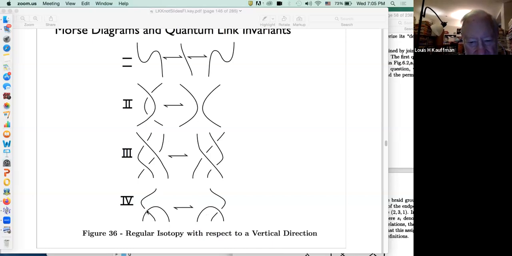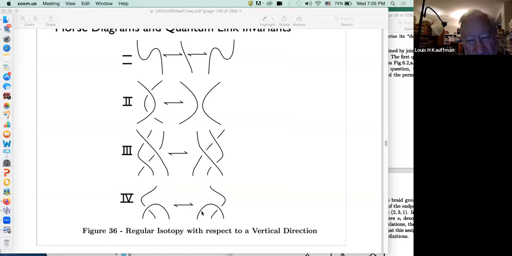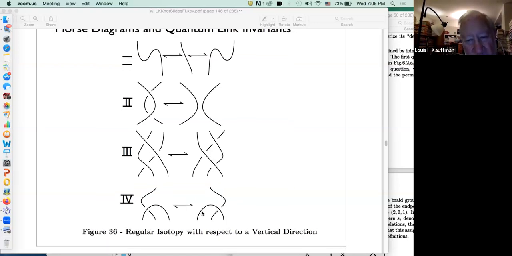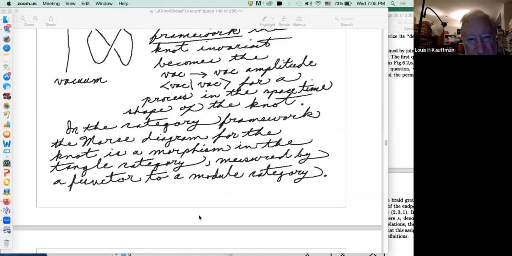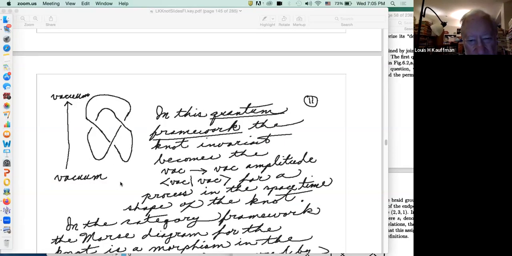And you see, this is the crossing that I called R, and this is the one I called R inverse. So you start with R inverse and a cap, and it becomes a cap and R. So you have to add these moves, and then you can do topology for diagrams that are written with respect to a vertical direction.